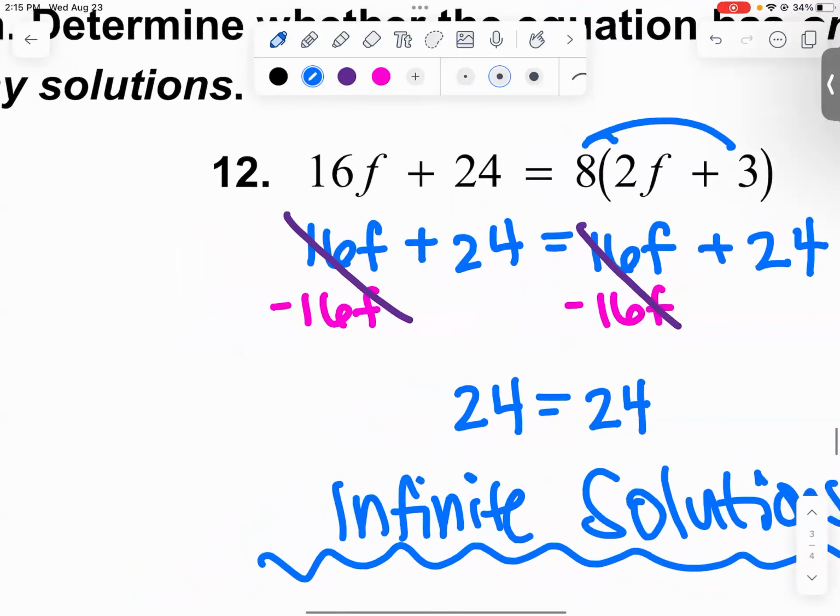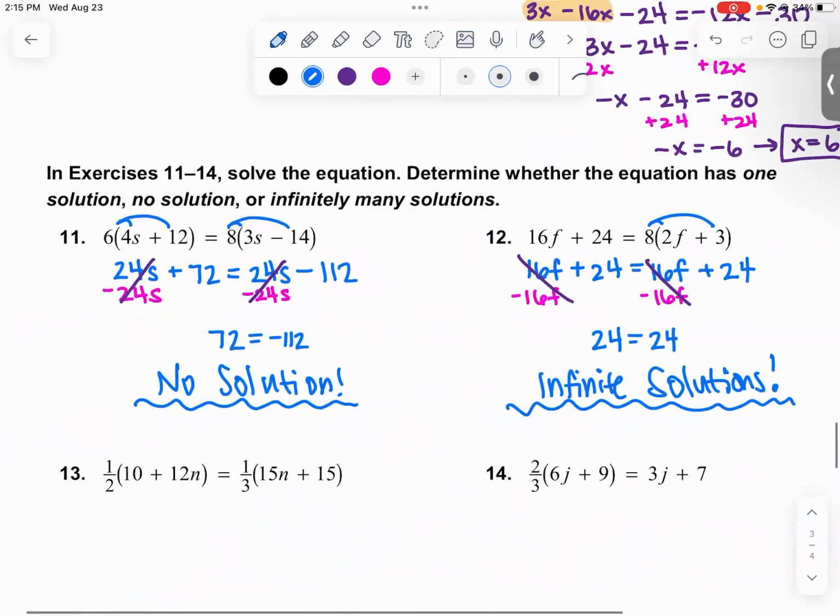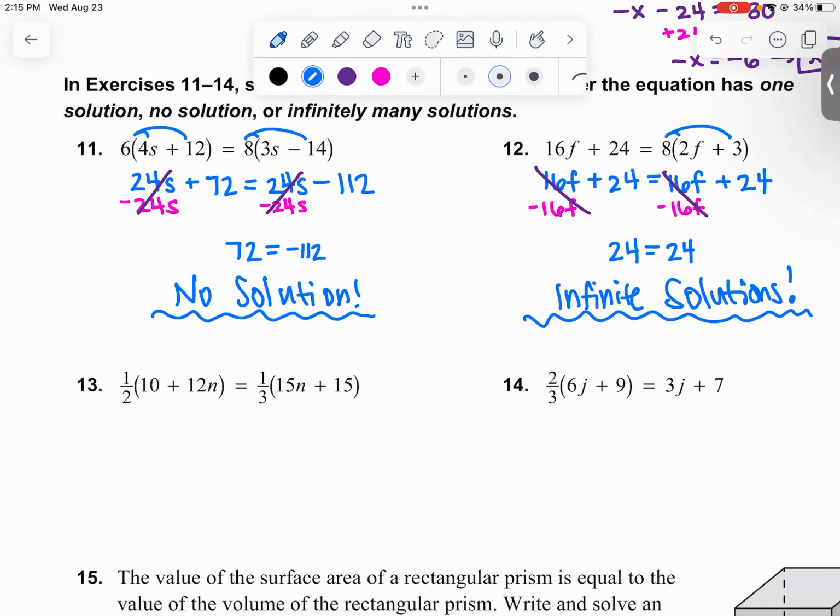Now, I would like you to make an observation of number 11 and number 12. How do they look the same? There is something that happens in both of these that I want you to make an observation of. Oh, they both distribute.